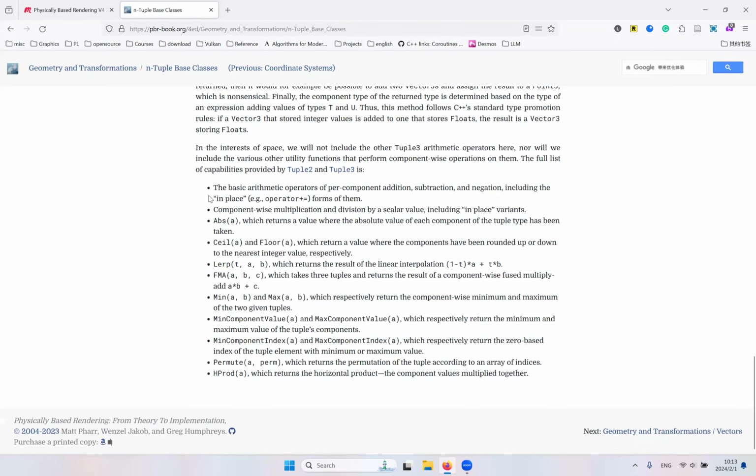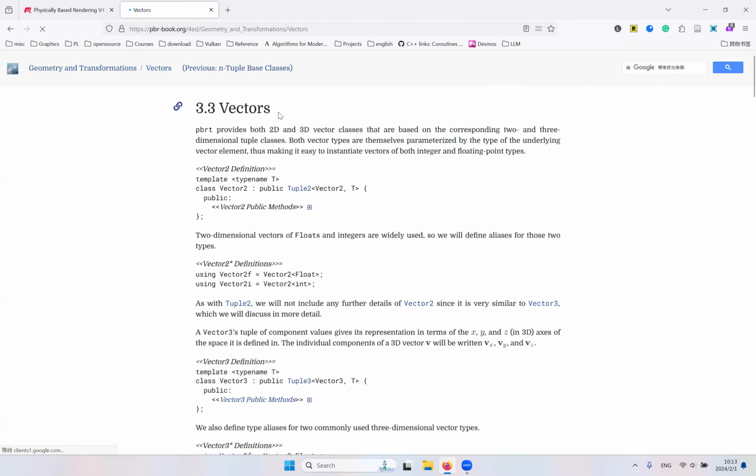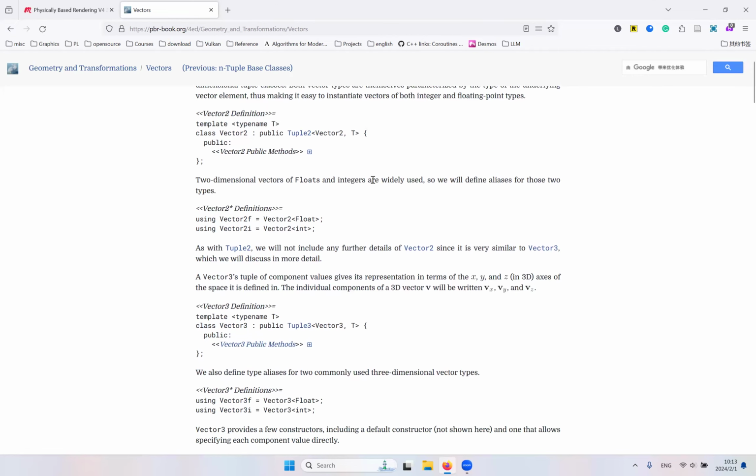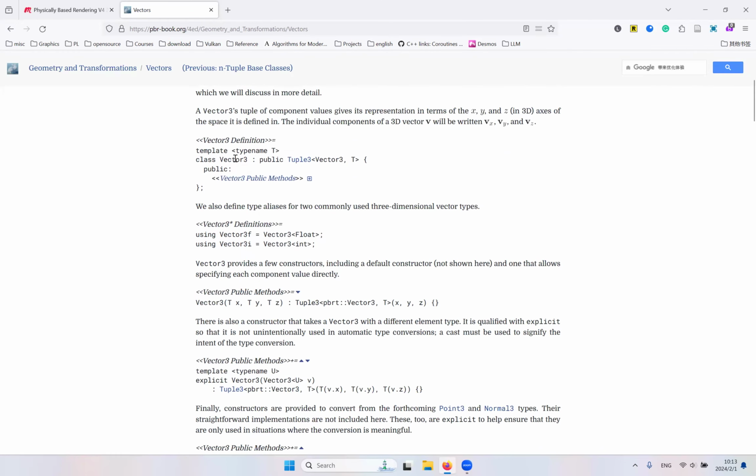And there are a bunch of utility functions for Tuple2 and Tuple3, which can be used for both vectors and points. And then there's Vector. So vectors inherit from this Tuple2, that's how it gets all the stuff from Tuple2. Vector3 is the same.